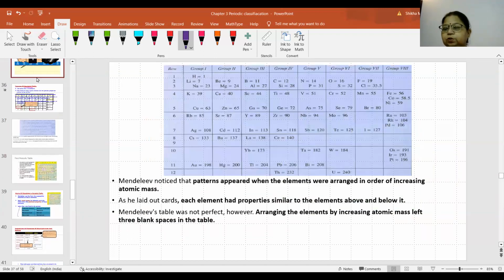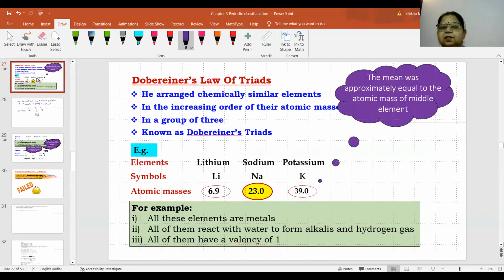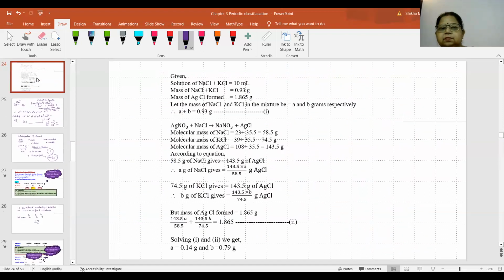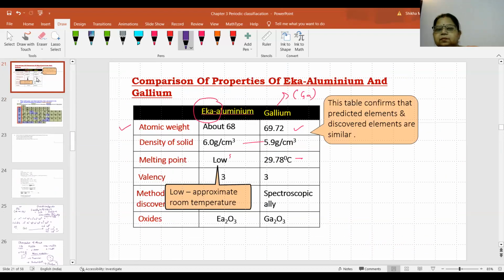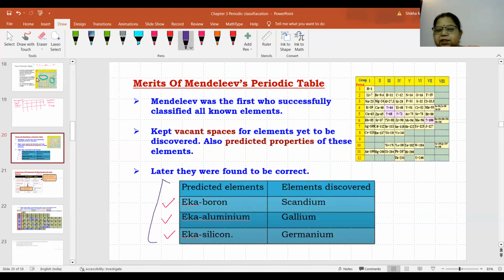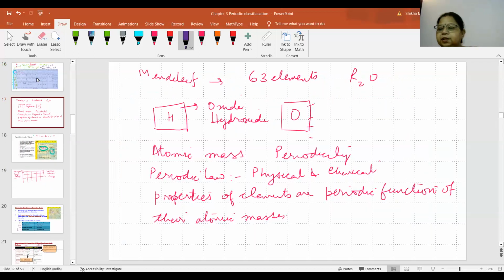Ritika, please go back to your copy. We have just done it or not? I think I wrote it somewhere. Yeah, here I found it. Physical and chemical properties of elements are the periodic function of their atomic masses.